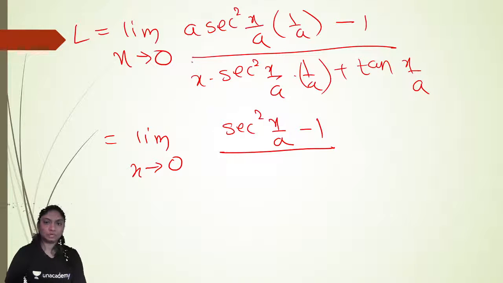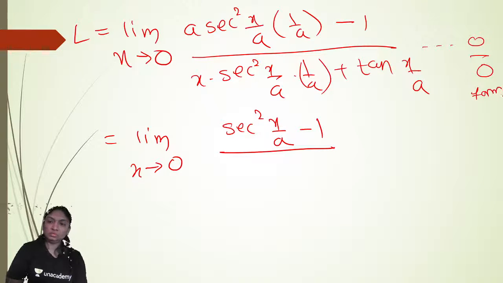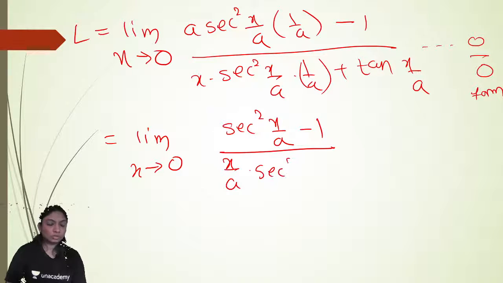Now this is 0. So again here you will be getting 0 upon 0 form. So sec square x by a, here is 1 by a, x by a into sec square x by a, right?